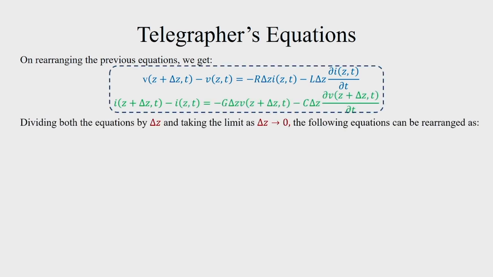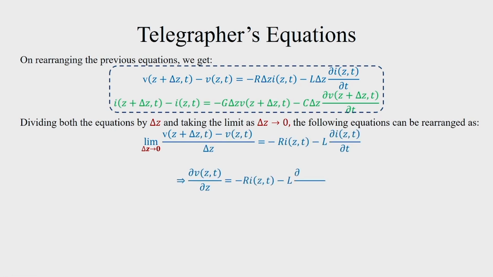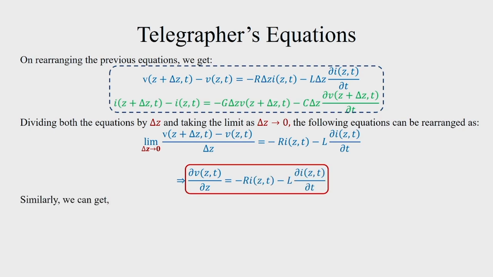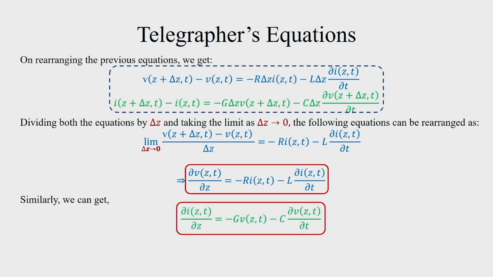These two sets of equations can now be divided on both sides by delta z, and as delta z tends to 0, we get the following sets of equations. Now, these equations are known as telegrapher's equations.